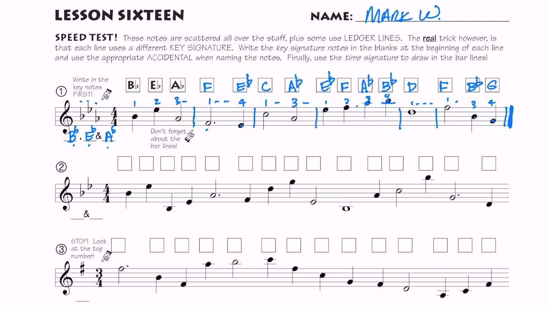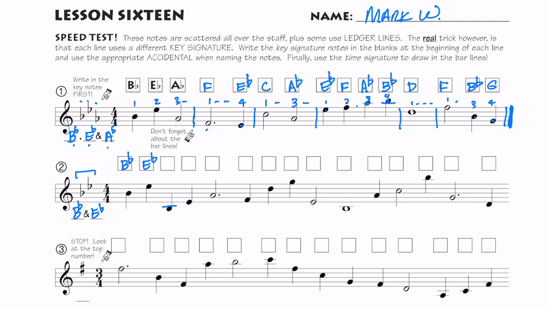Notice I only have 2 flats in the key signature. So I know B and E are going to be my flats because it spells the word bead, right? Let's go through and name the notes here. All right. Every good boy. Okay. You know that that's a flat because it's in the key signature. F-A-C-E, flat.